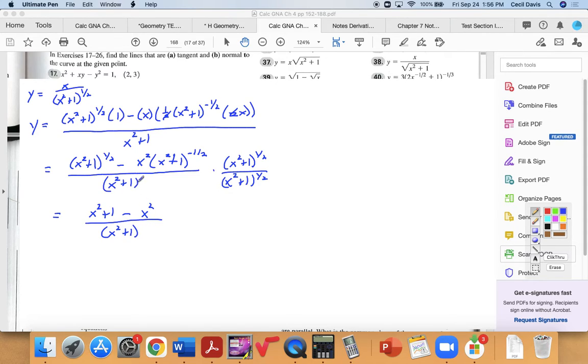This is to the first power times this to the 1/2 power, which is this to the 3/2 power. And this, which was pretty ugly a moment ago, is now really simple. Nice.